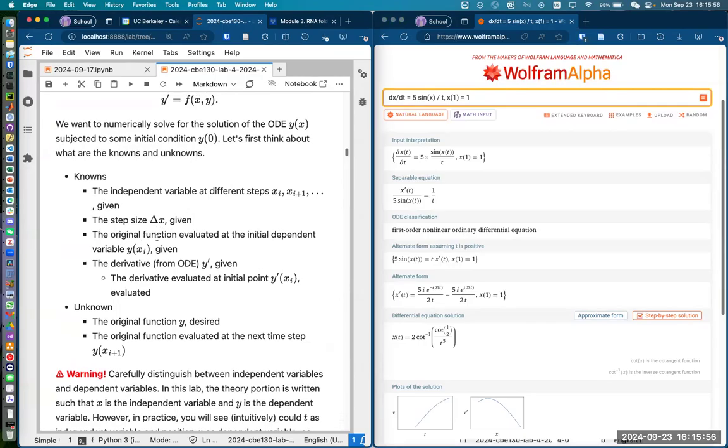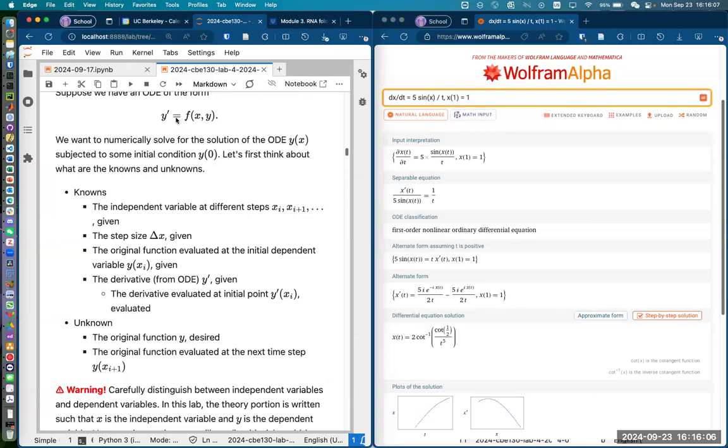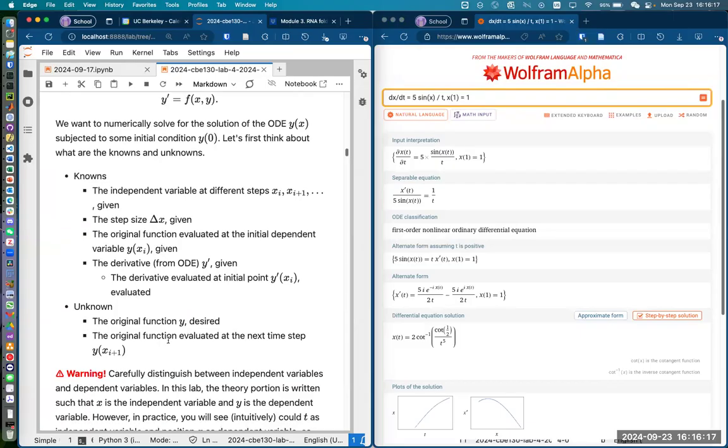The original function evaluated at the first initial independent variable is already given. And we know the derivative function given in the ODE here. But what we don't know is the original function's form. We also do not know the original function evaluated at the next time step, because the original function is not known.